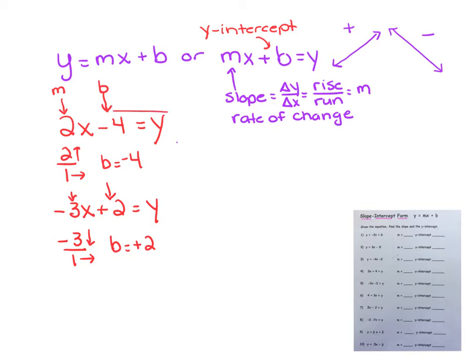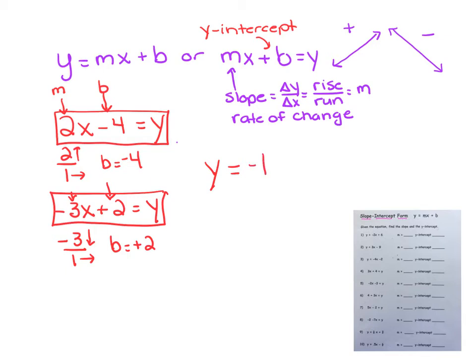Now, we were fortunate that these two equations were given to us in a very organized way. But what happens if we get something like this? Y equals negative 1 plus 4x. Well, our slope is our coefficient in front of our x.